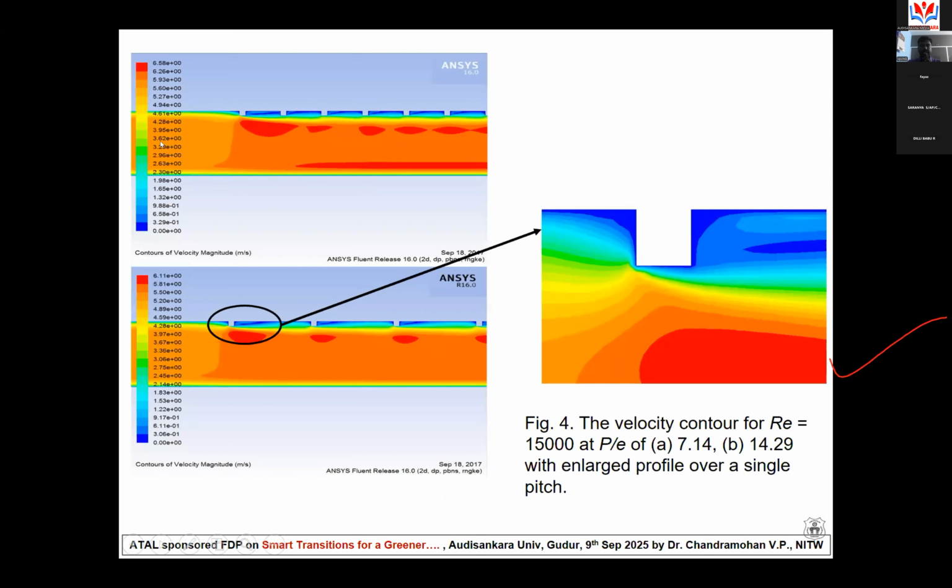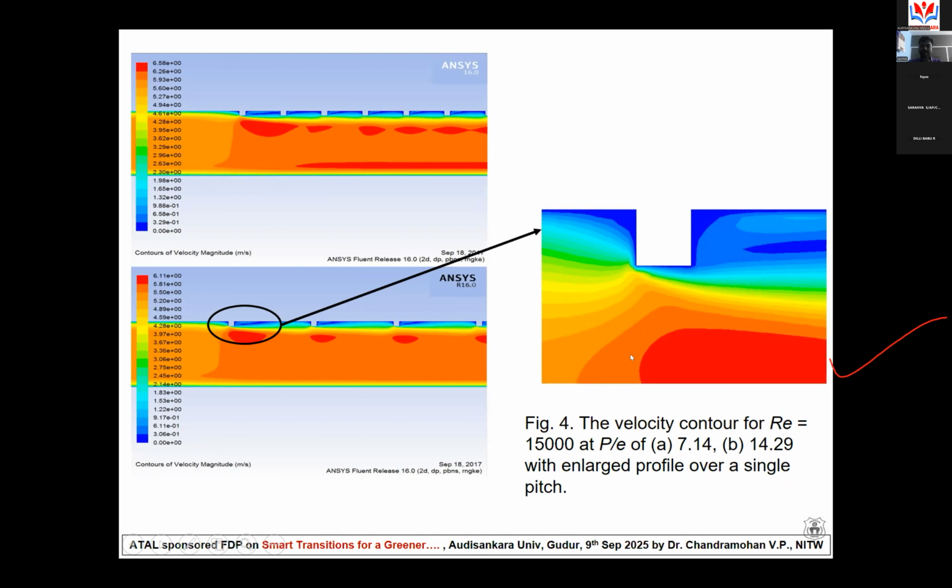So these are the CFD contour plots, how the velocity profile looks over each and every square rib or square corrugation. Okay, when the air is flowing like that, near the square corrugations, as you can see in the zoomed view, the air vortices are formed.